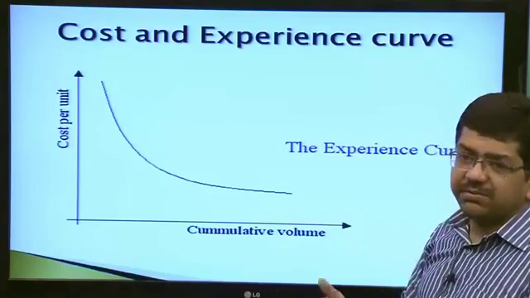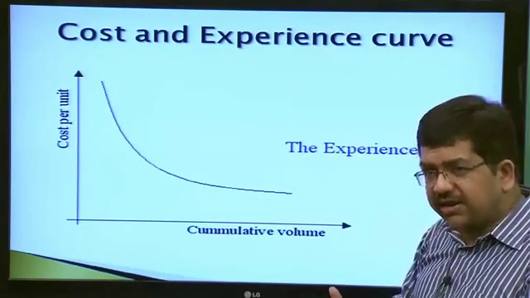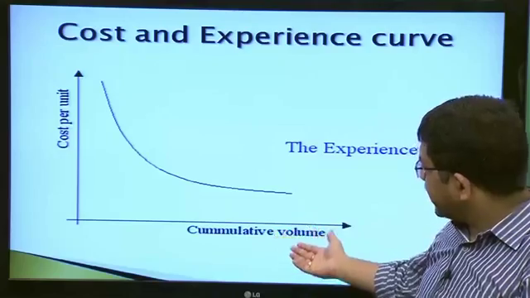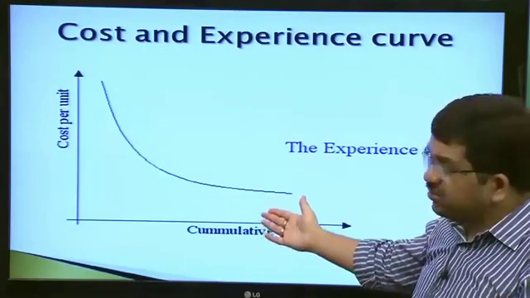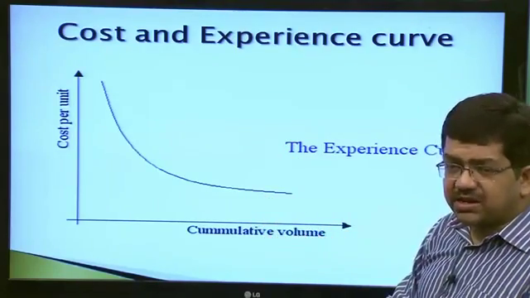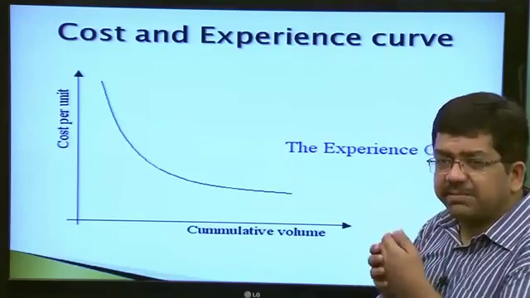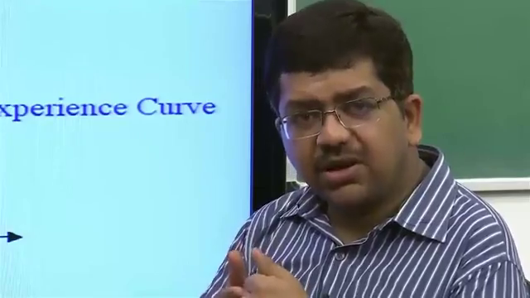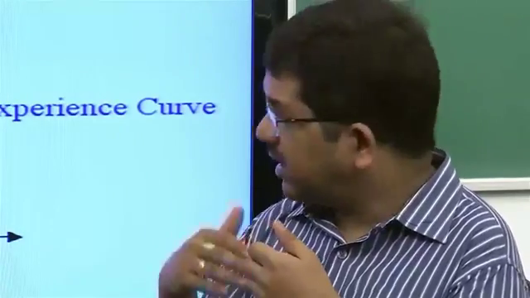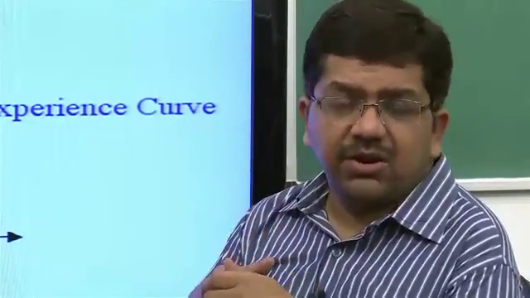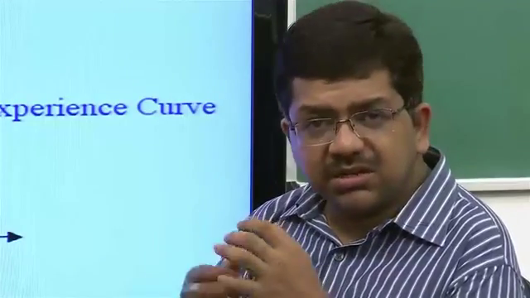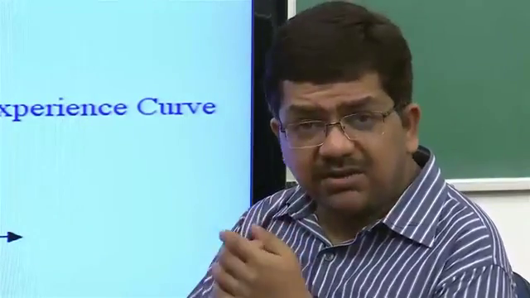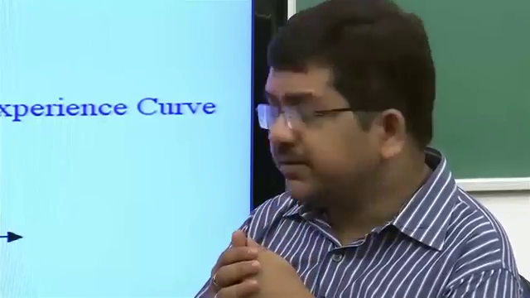Your learning curve will be very high, and in that case your unit cost will come down because you will understand better methods of production, better ways of managing your inventory, better ways of logistics and distribution, and in fact a better way of promoting the product.